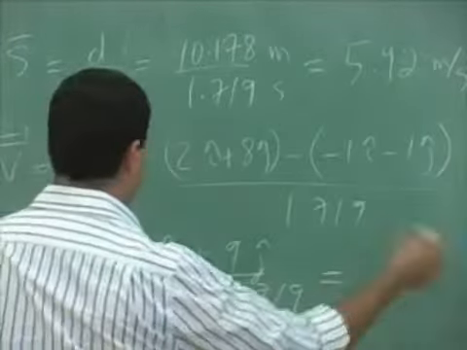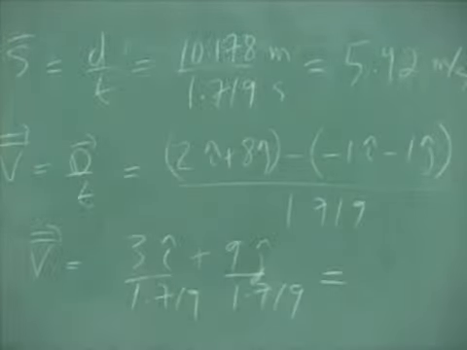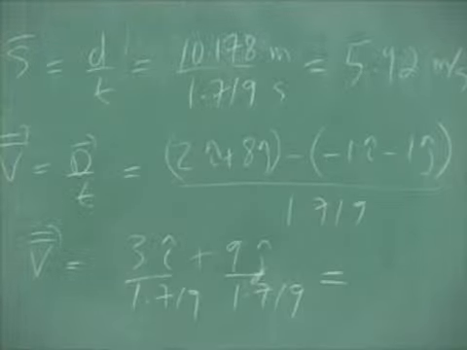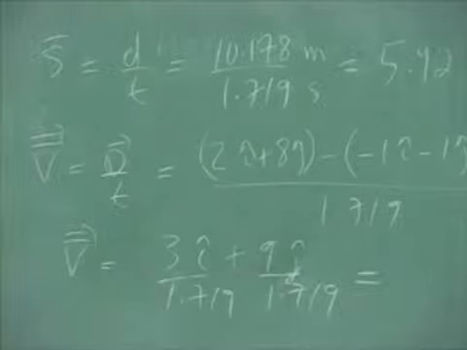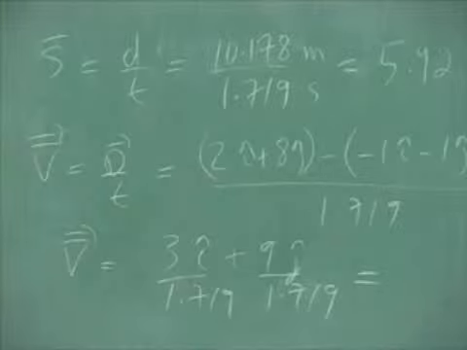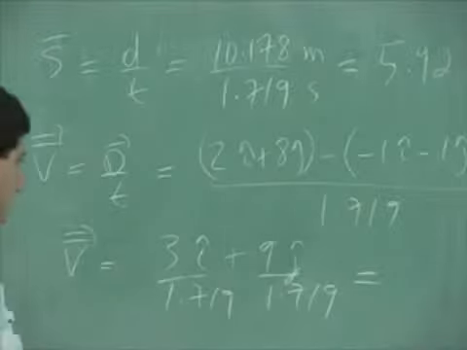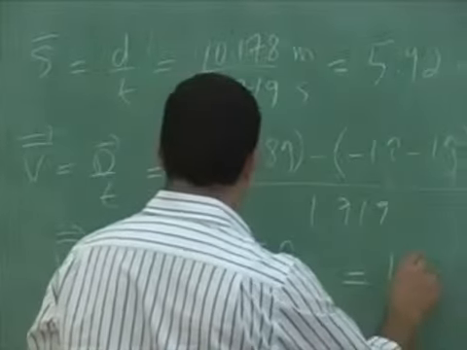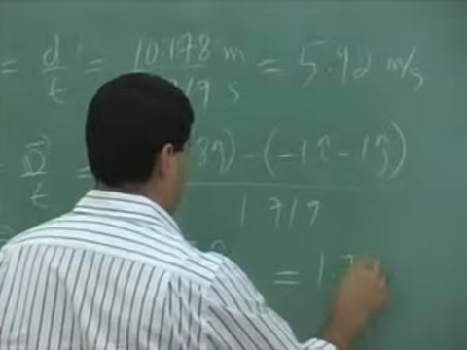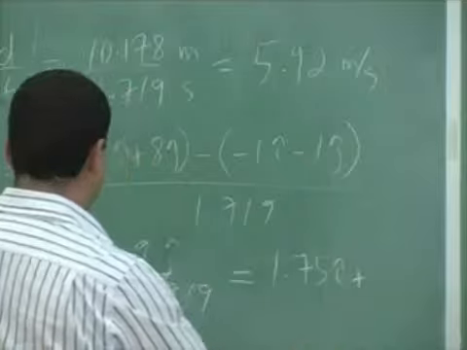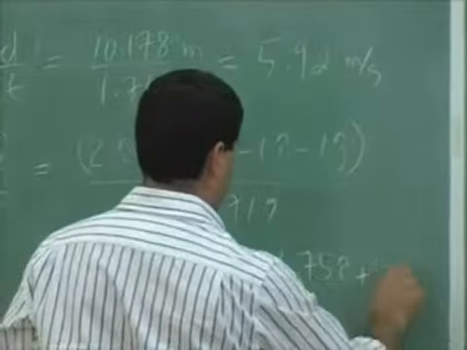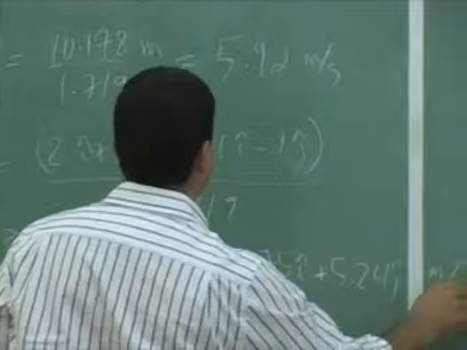And then tell me what you get here. Let's go two sig figs here. 1.75 i hat plus 5.24 j hat meters per second.